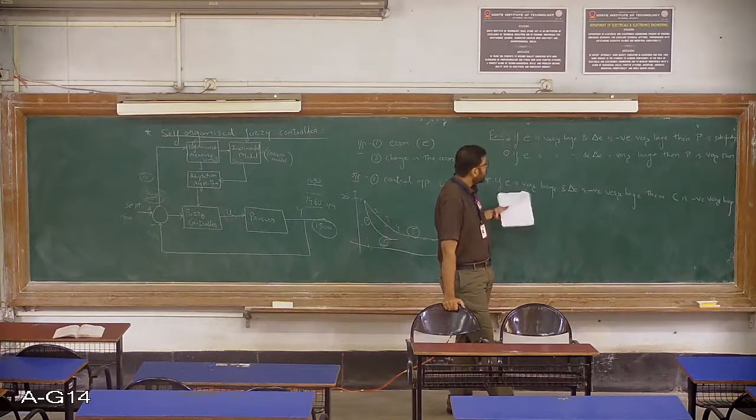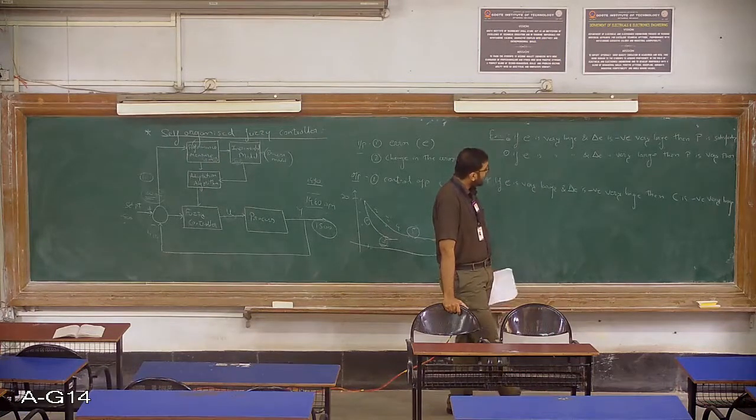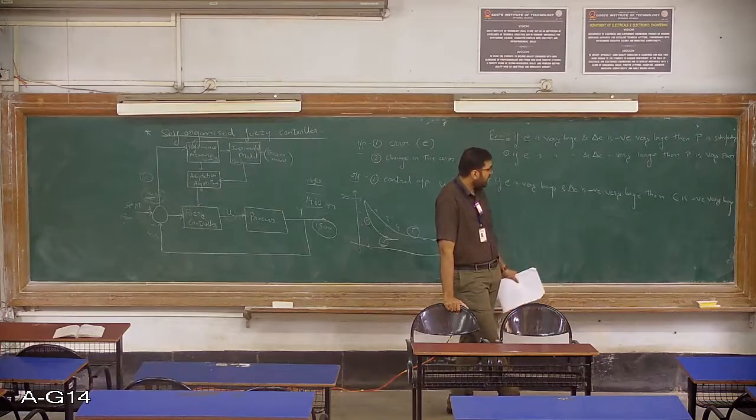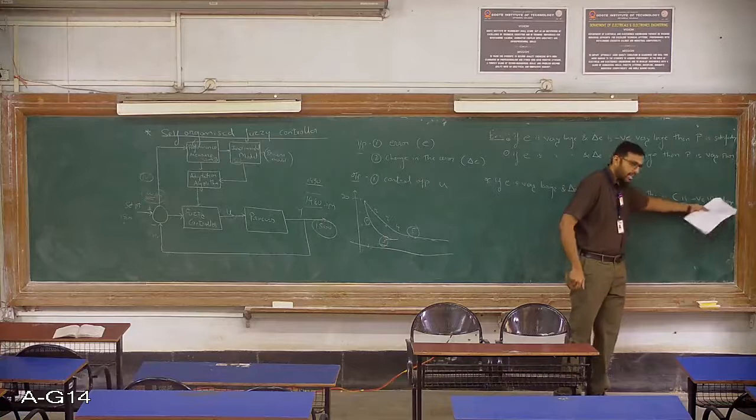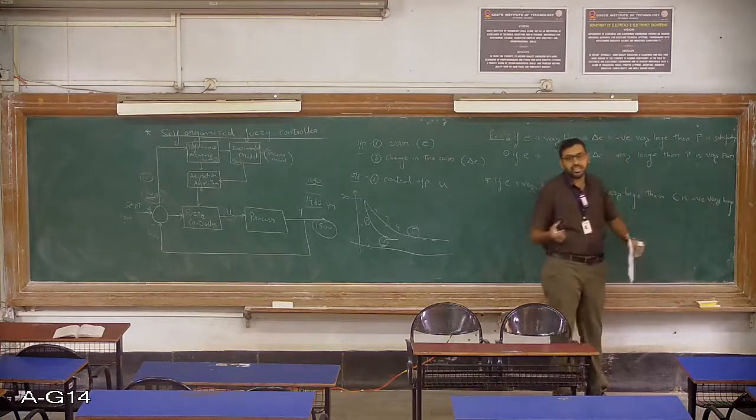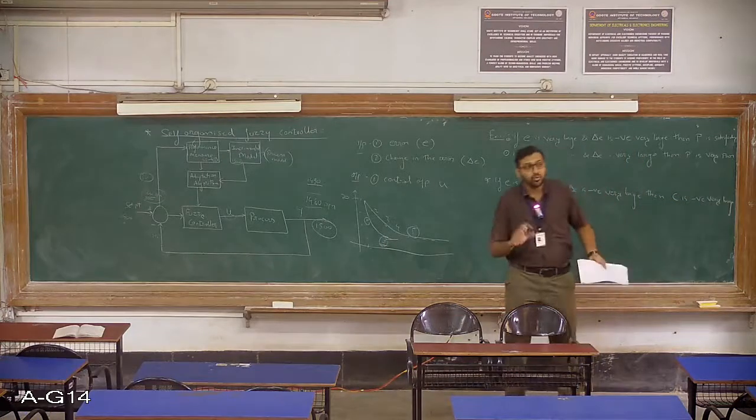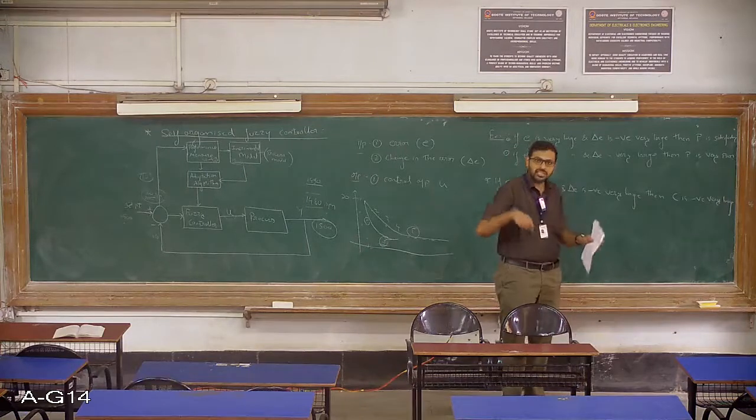So the altered rule is: if error is very large and delta E, that is nothing but change in the error, is negatively very large, this part being similar to the earlier one, then the correction is negatively very large. The correction factor that needs to be incorporated is negatively very large, and thus your system gets tuned.